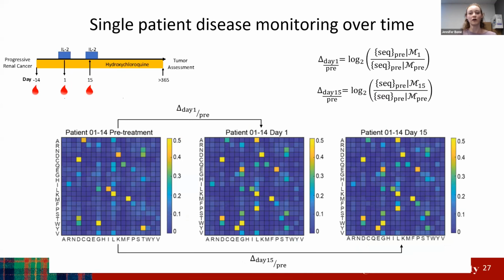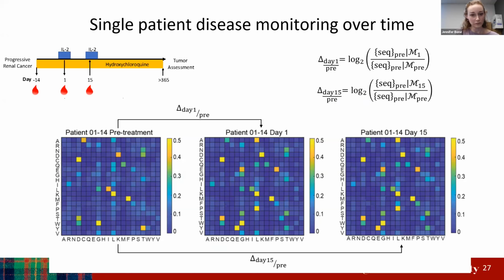What is the information content? How does it change over time? So here is a single patient with a transition probability matrix for each time point. We compared our day 1 to our day -14, and then our day 15 to our day -14, and asked, are there any interesting patterns?